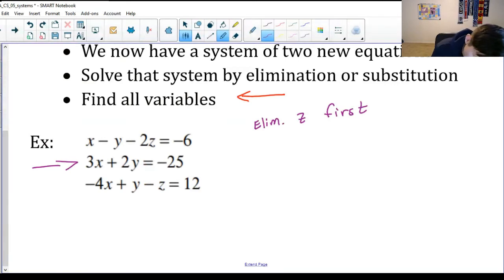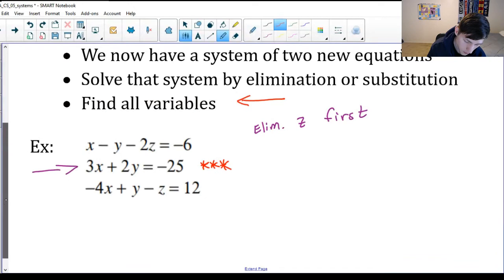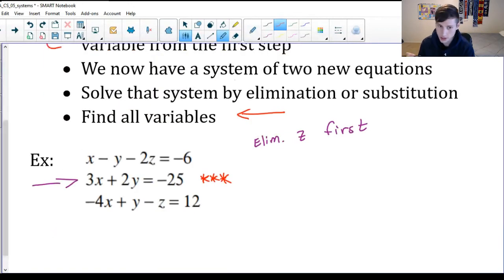So I'm going to put some little asterisks by this because I'm going to use it later. So this is basically my step 1. I didn't have to go through and eliminate a variable because I already had one eliminated, so that was really nice. Okay, so now I'm on to my step 2, which is pick 2 different equations.